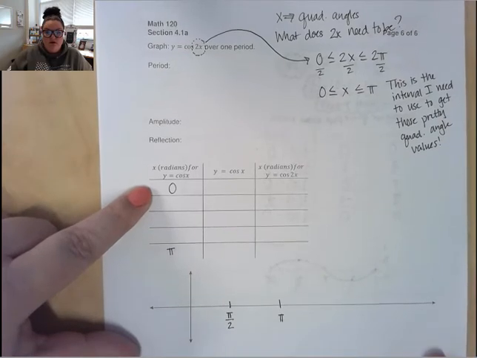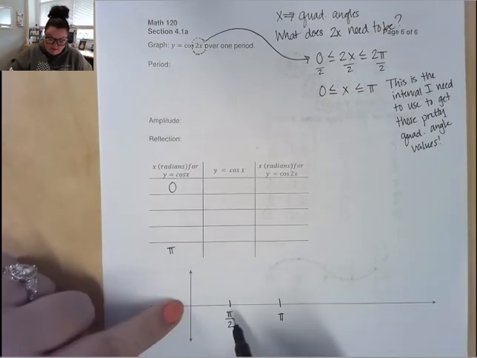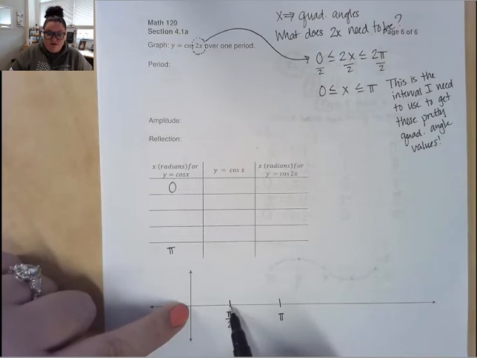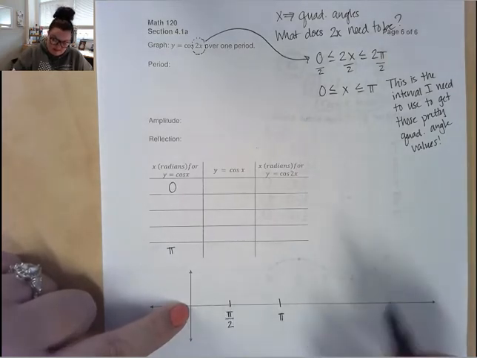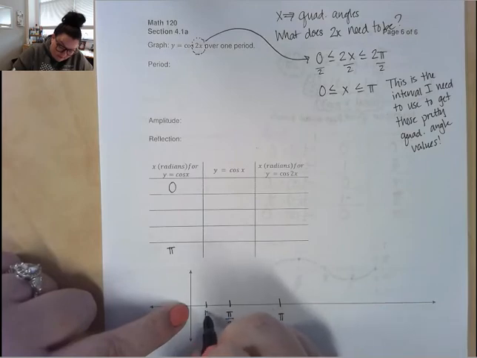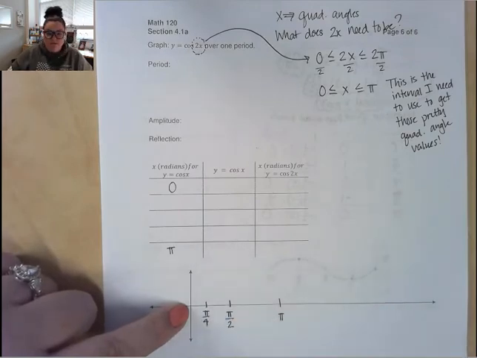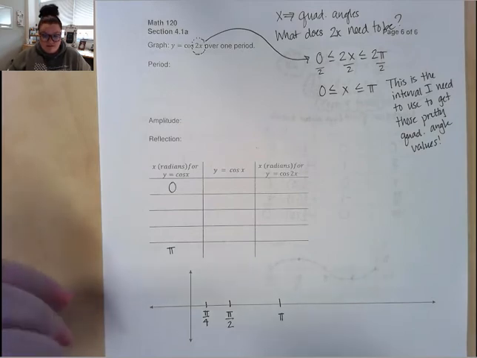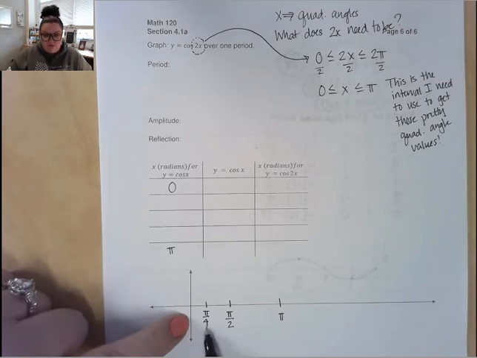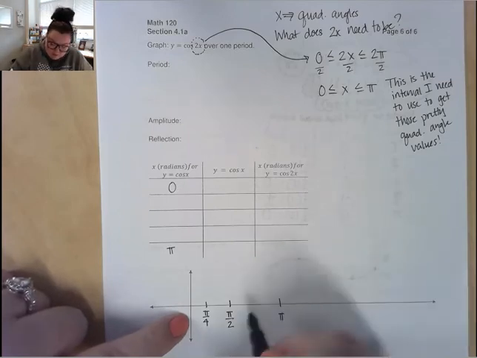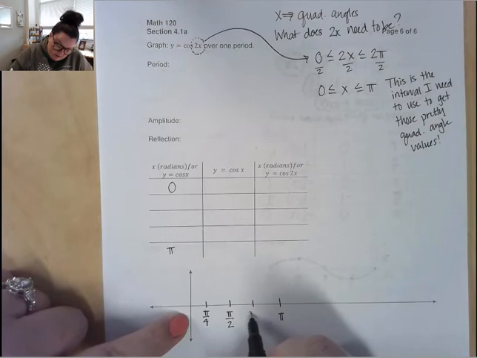And then what's halfway between 0 and pi over 2? Between 0 and half a pi would be quarter pi, or pi over 4. So that means for this particular function, we're going to be going by unit measures of pi over 4. So this is 1 pi over 4, 2 pi's over 4, and my third one would be 3 pi's over 4.